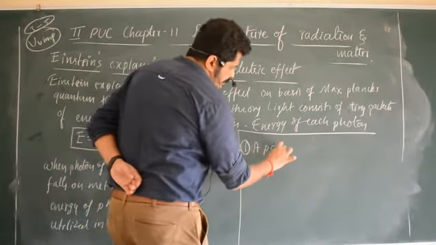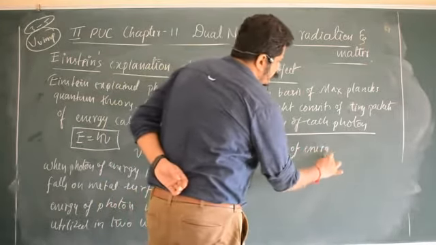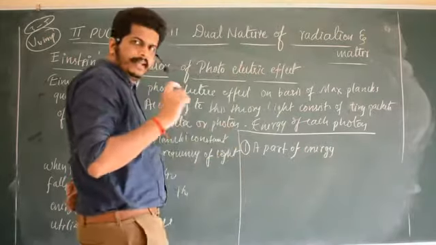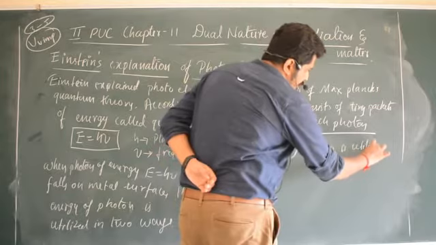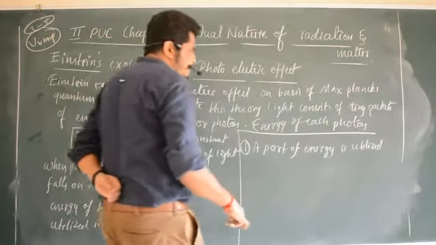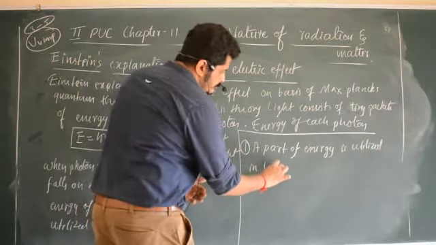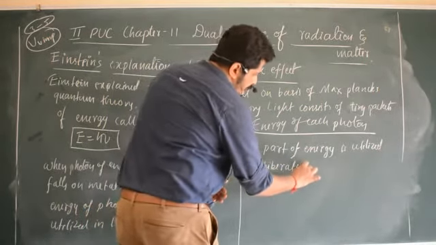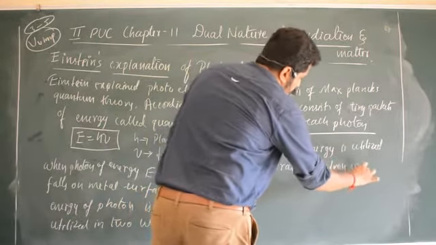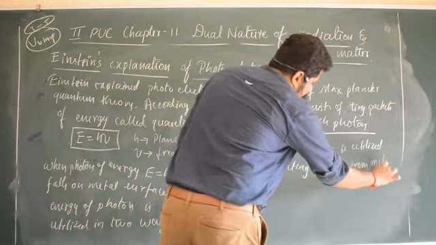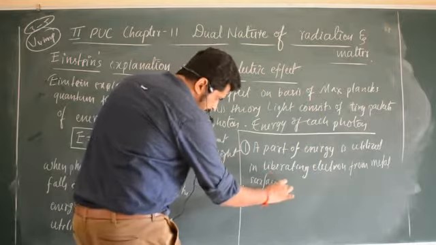In the first one, a part of the energy is utilized in liberating electrons from the metal surface.